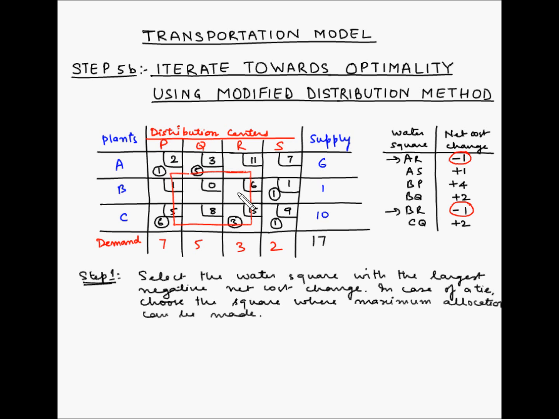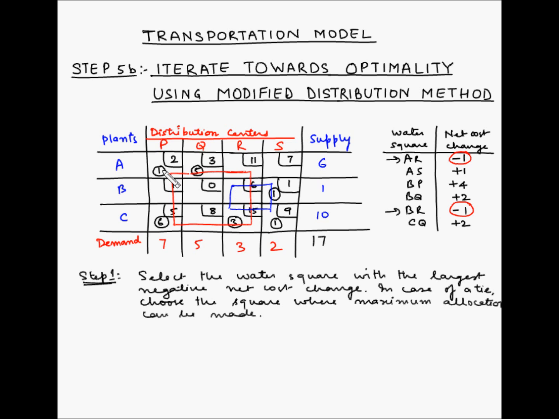And for cell BR, the closed path will have BR, BS, CS, CR, and then back to BR.